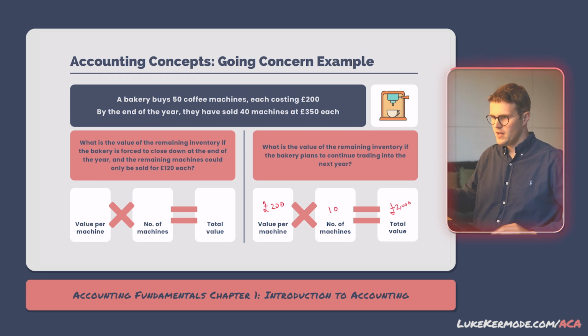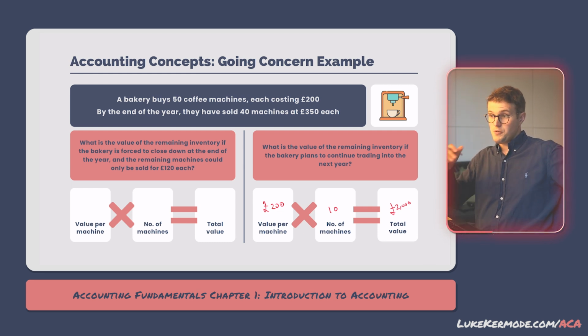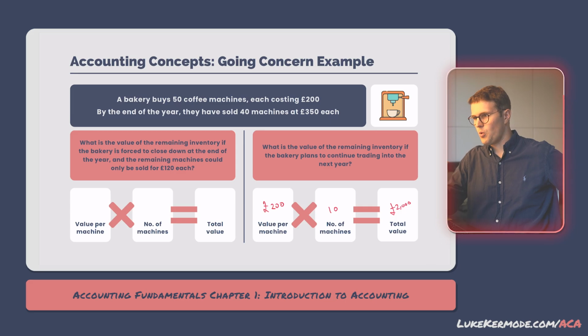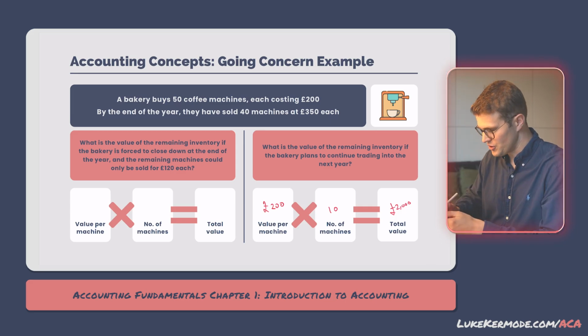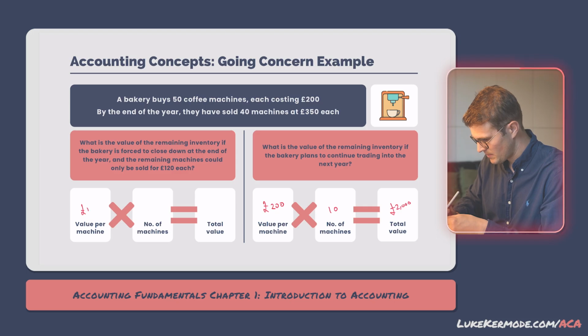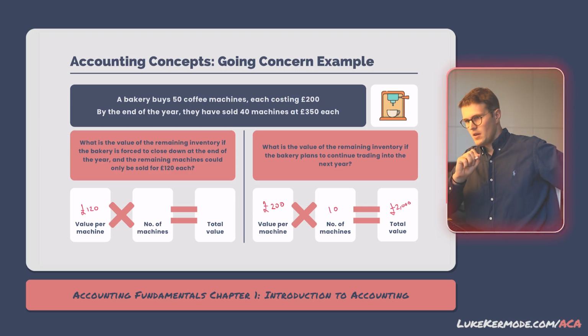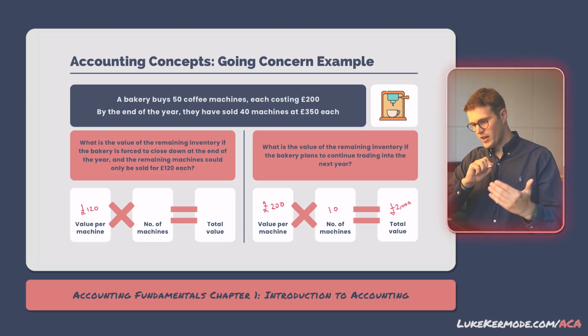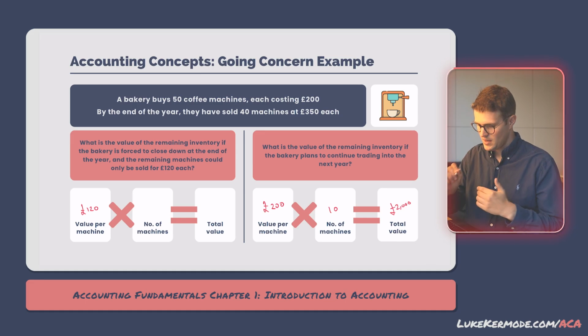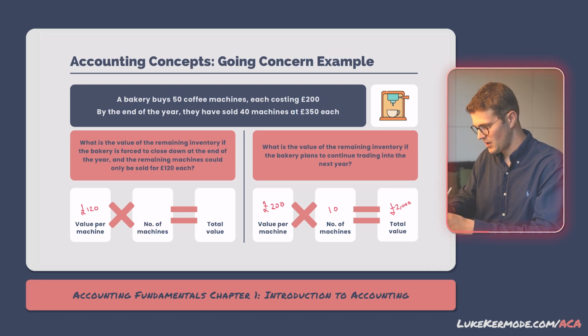However, if the bakery is forced to close down, then those machines will have to be sold off quickly in a fire sale. They might only fetch £120 each. Therefore, the value of the inventory on a breakup basis is going to be £120 times 10 units equals £1,200.